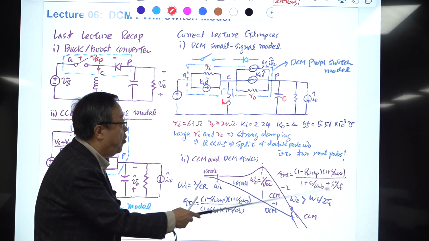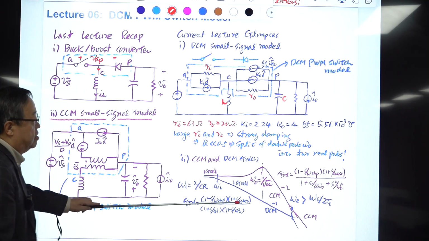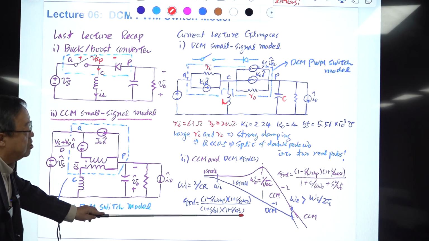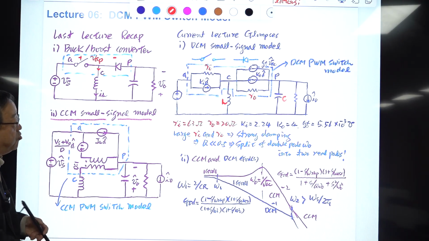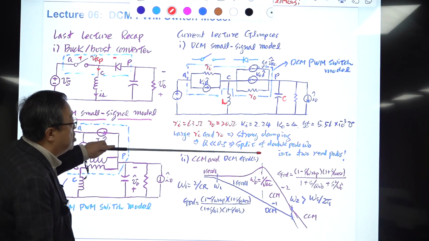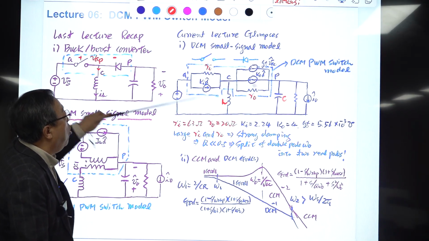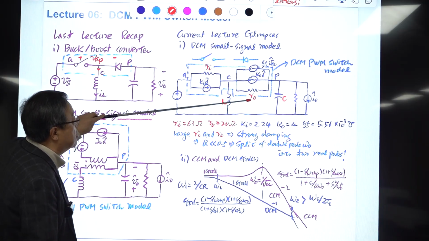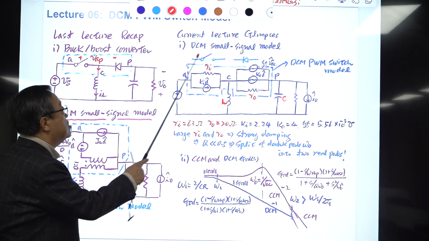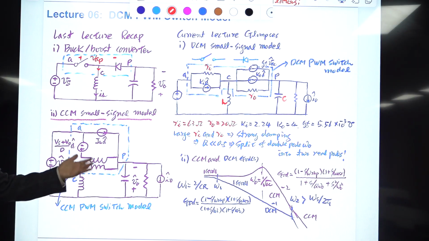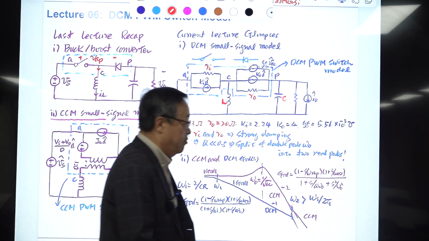So it is a double pole, but in DCM, the numerator remains the same, but the denominator is separated into 2 poles with much reduced quality factor due to the strong damping effect of this large resistance value. This is the typical characteristic of the small signal model of all the PWM converters in DCM operation.